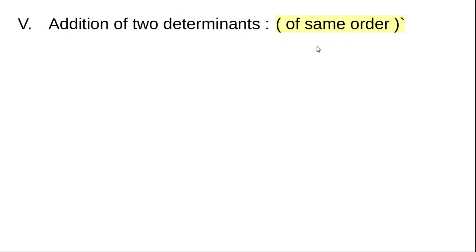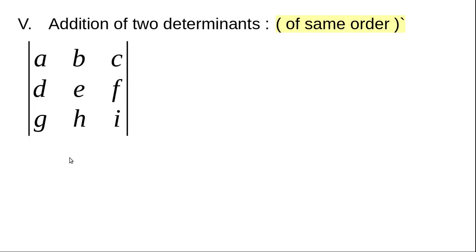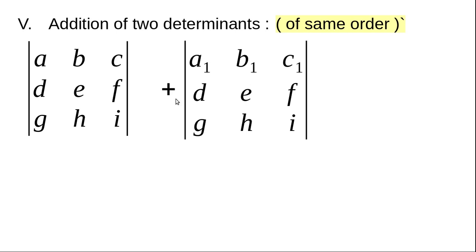If they are not of the same order, then we cannot add them. So we have taken this and we are adding this with this. See this, the second and third row here and the second and third row here are equal. So in this case we may add them up. If they are not equal, then we cannot add.